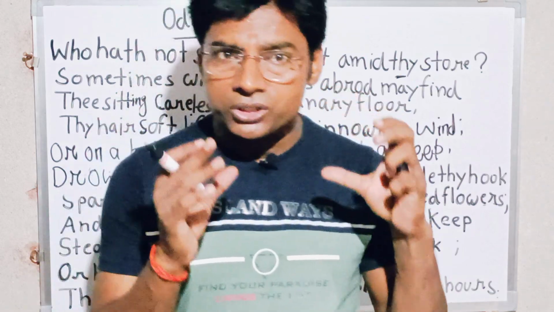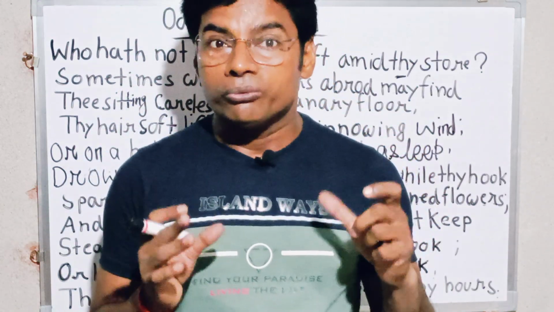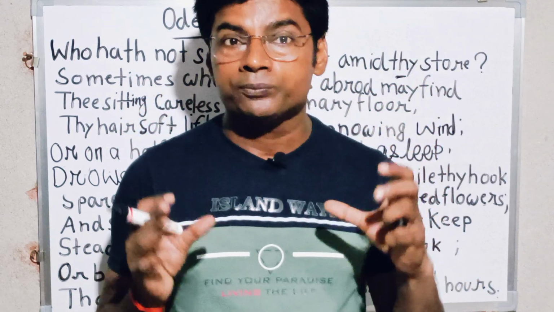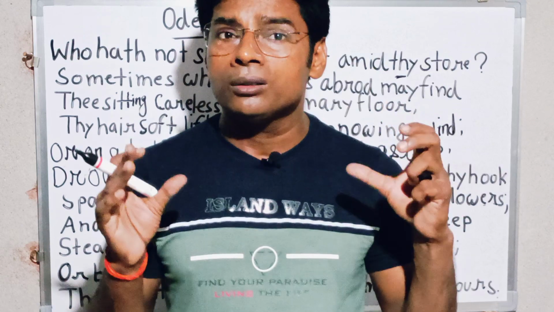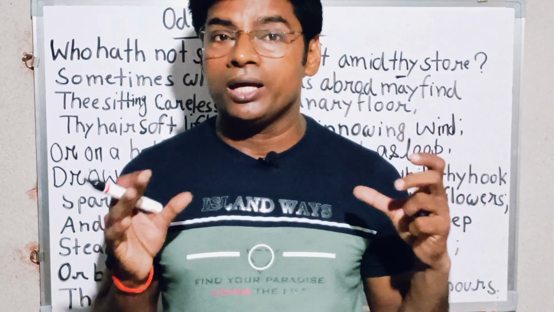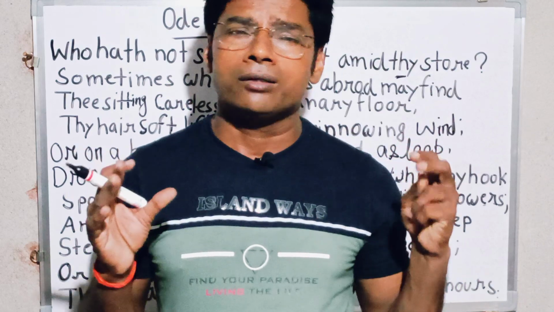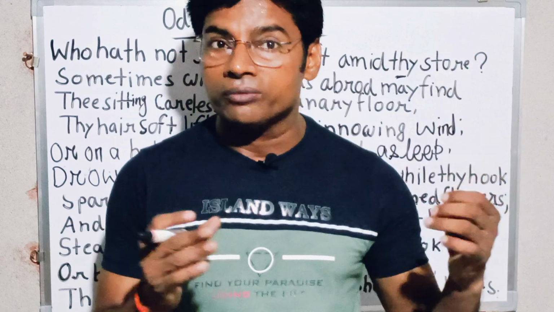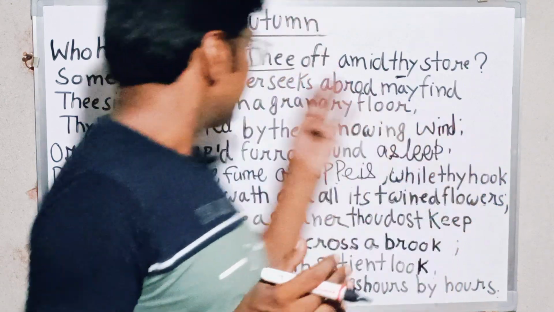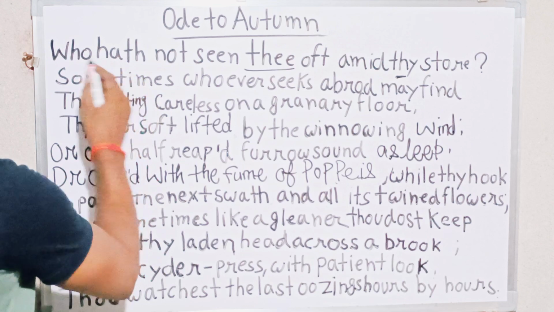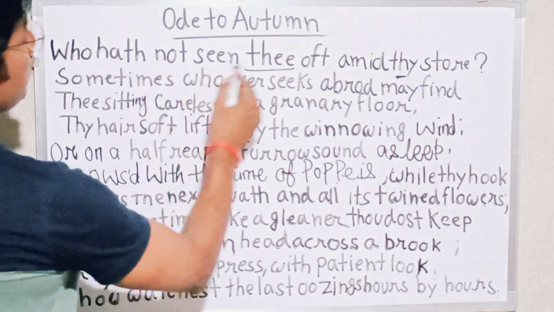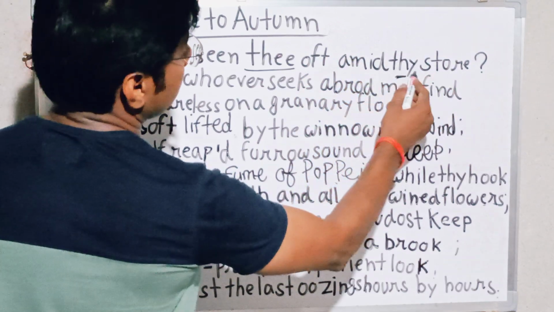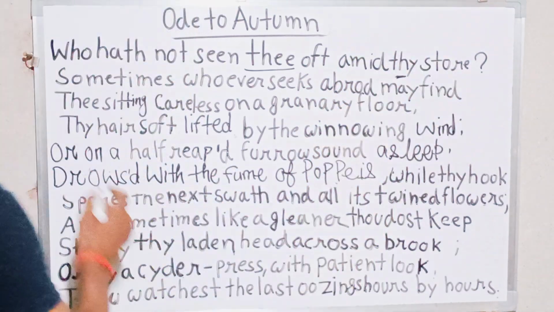See, here the poet is making use of visual imagery, because he is personifying autumn as a goddess or as a woman sitting in a very relaxed or careless manner on the floor of the grain. He says, who has not seen thee, means you, often amid in the middle, thy store, means thy store of grains.